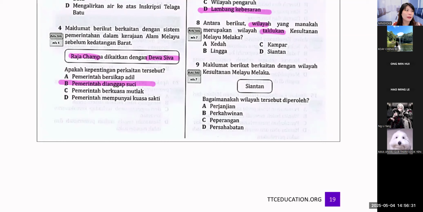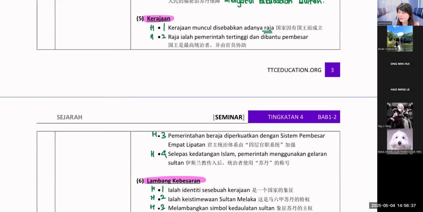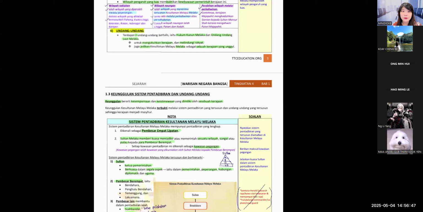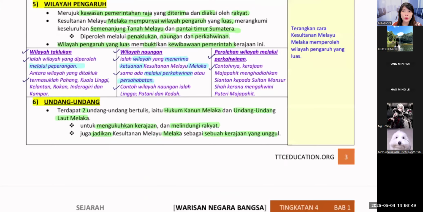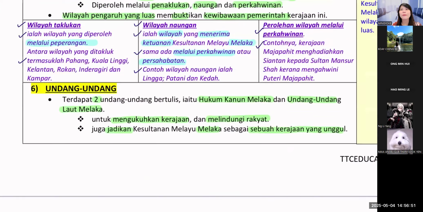Okay, you all give me a moment. I show you. Guys, I'm going to show you this one. You see, this is the full notes, which you have already gotten previously, not this one lah, the other format one.